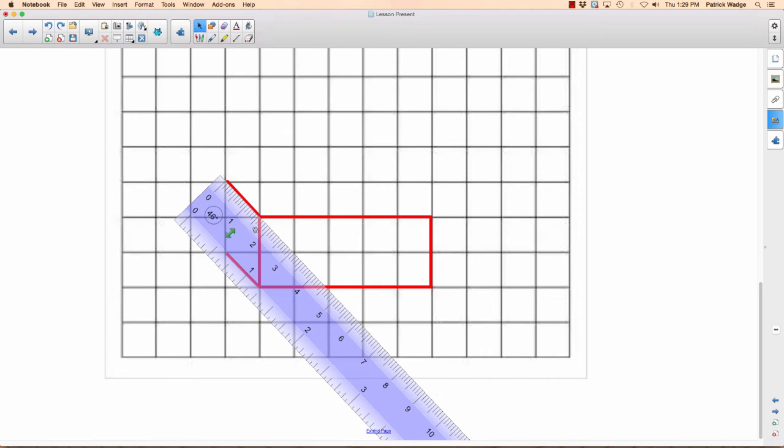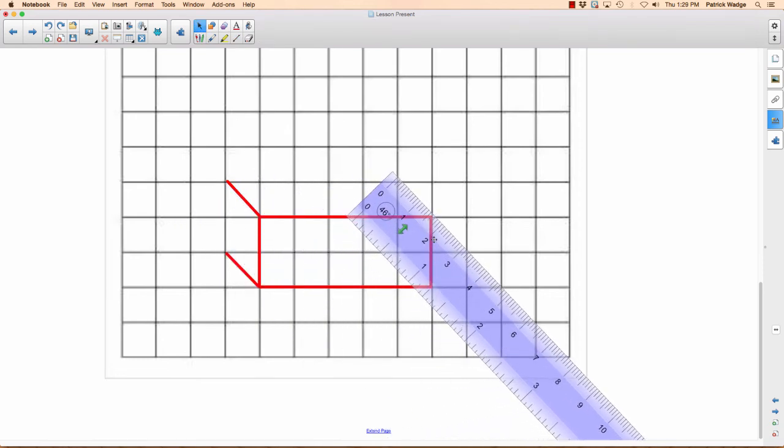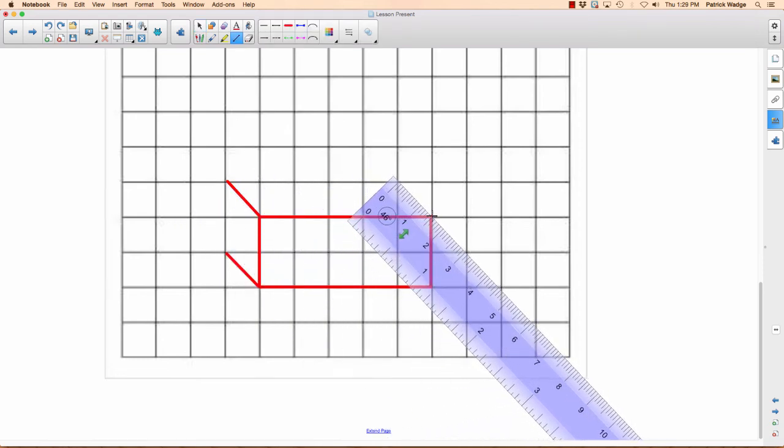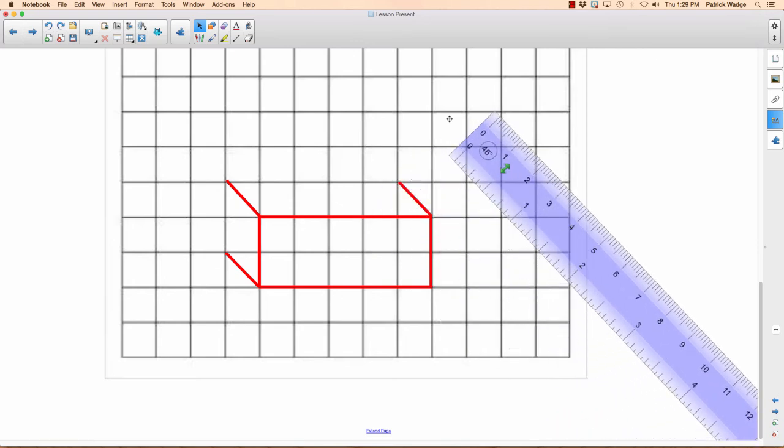And one more time, move it over to here, put it at 1.5, and that would take us from here to there. Okay, we can join all those together with straight lines. That, and we're done.